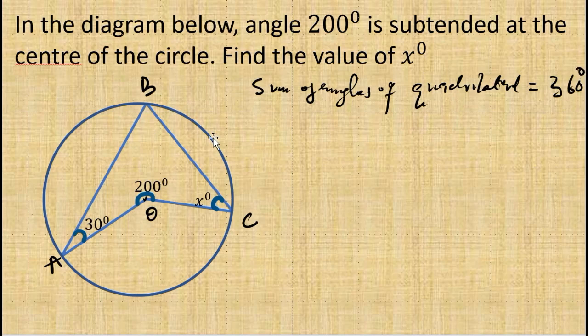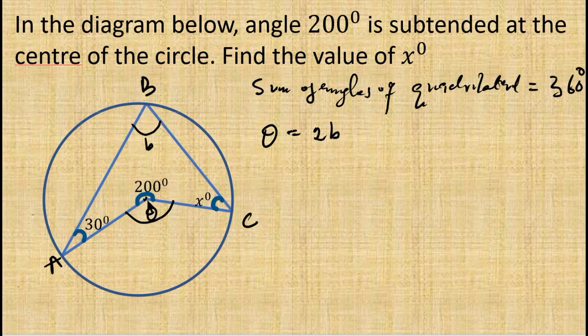Now, from circle theorem, we know that the angle subtended at the center is twice the angle at the edge. That is, the external angle at O is twice the angle at B. Let's call this my small b, so that the angle at O will be equal to 2 times B. Now, what is the angle at O?